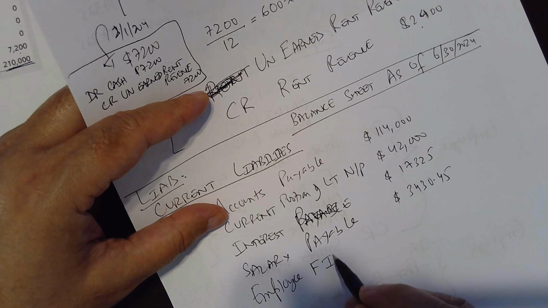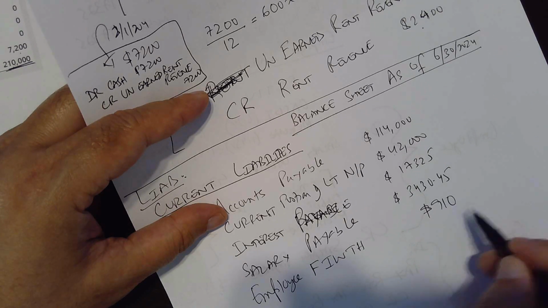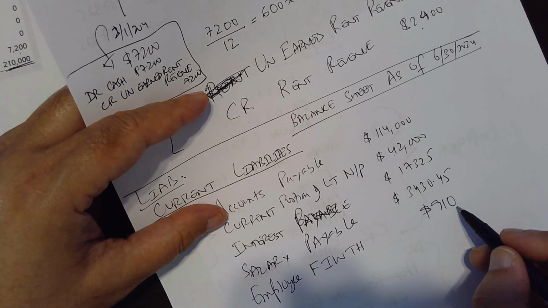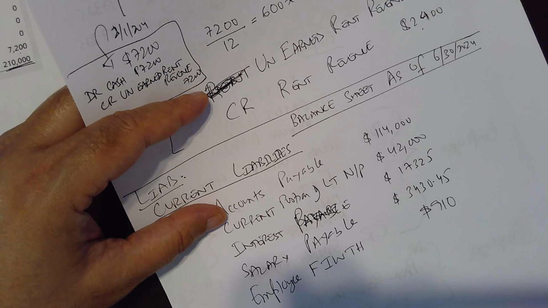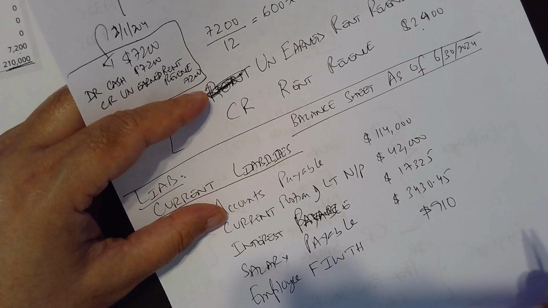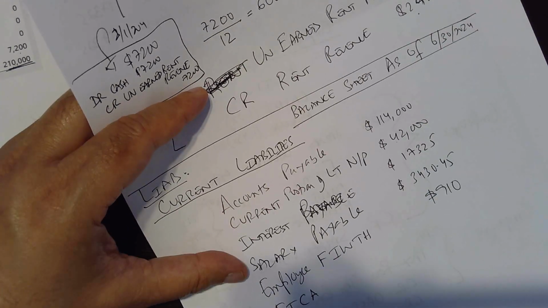And then we also have employee income tax payable, federal income tax withheld of $910. So basically employers are holding this money on behalf of the federal government, so they have to transfer this money to IRS. And then we also have FICA and Medicare that we have calculated.